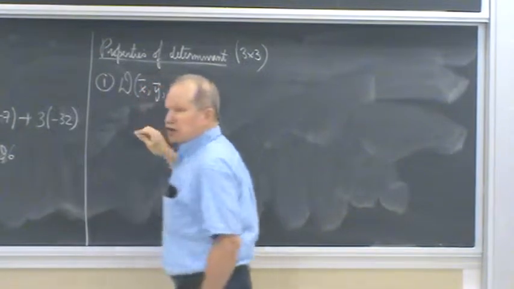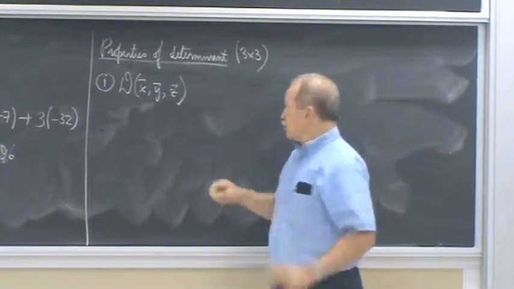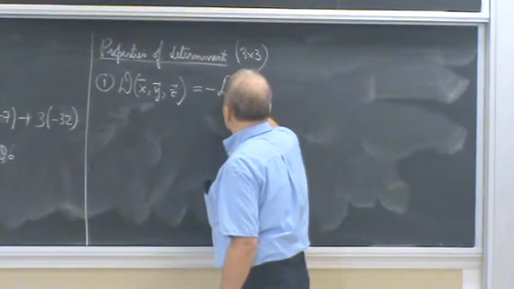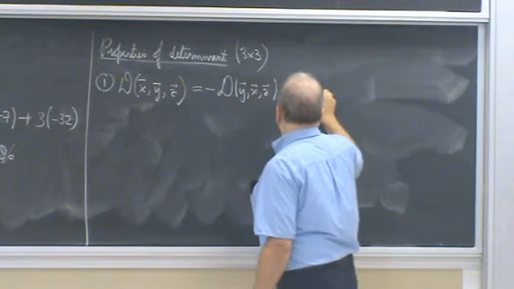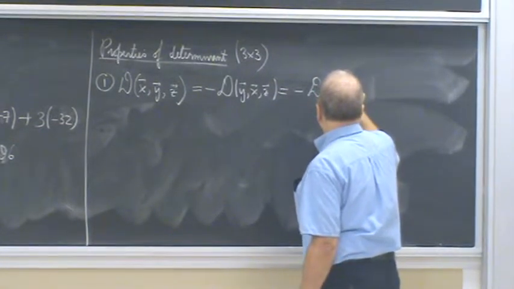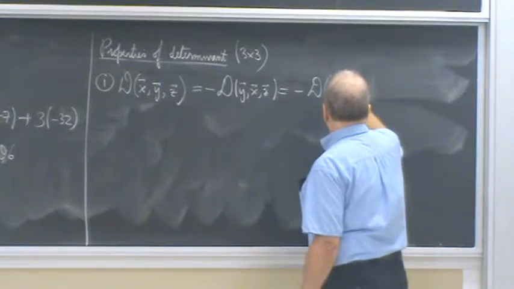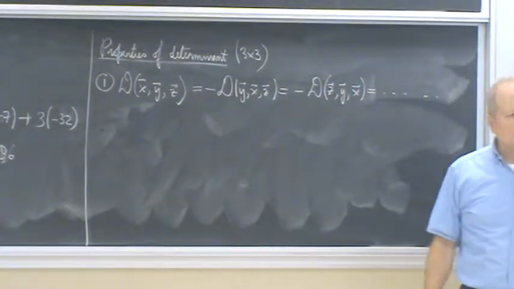If you switched x, and when we had 2 of them, if we switched it, we got a minus sign. Well, same thing's true now. If you switch any 2, so you can switch x with z, and you can switch y and z, you get a minus sign.